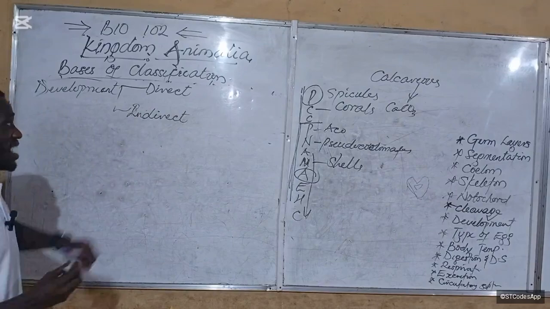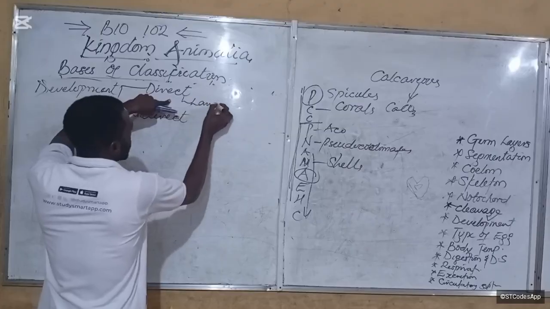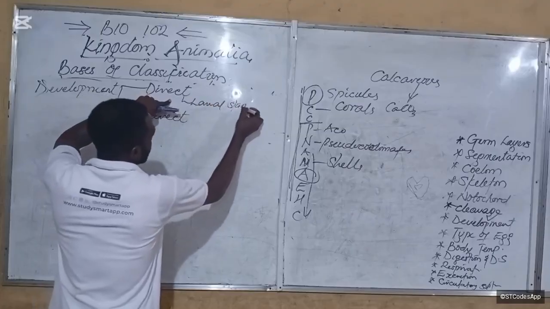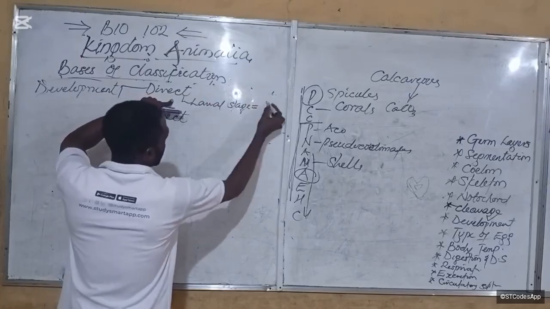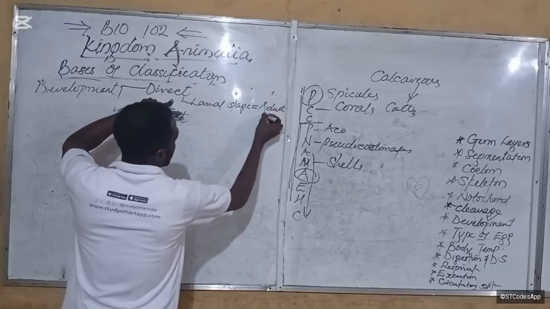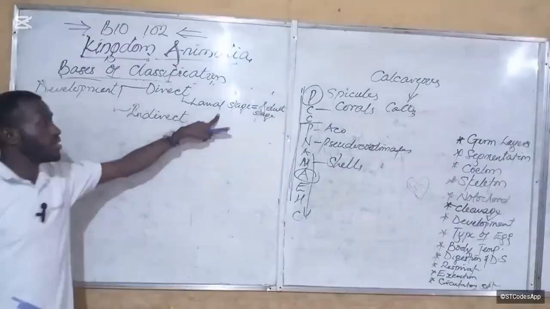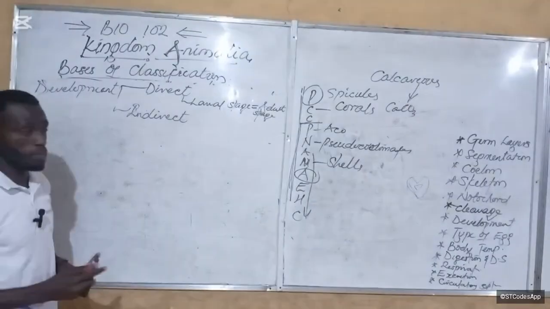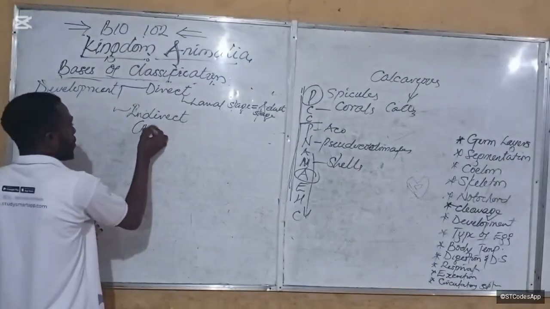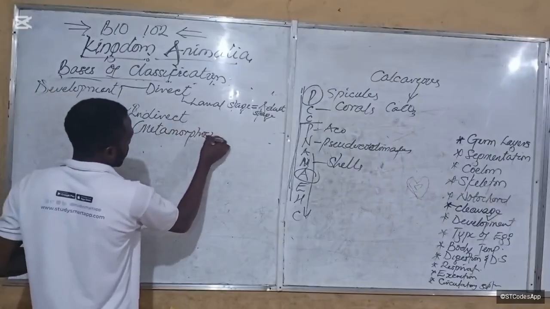When an organism has direct development, it means the larval stage and adult stage are equal in resemblance. So the larva looks exactly like the adult. But in indirect development, there is a stage known as metamorphosis.